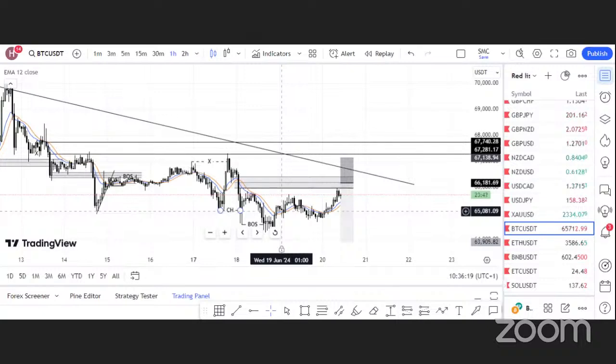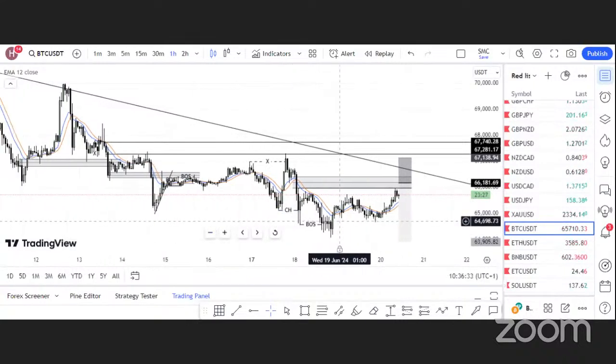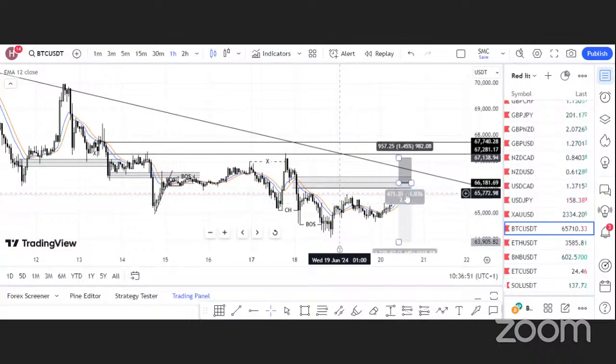After the liquidity purge, the market went ahead to shift market structure, which is change of character. After the change of character, the market had a break of structure just below it, and now the market is pulling back to the level where we have a fair value gap. So I expect the market to come to this fair value gap.